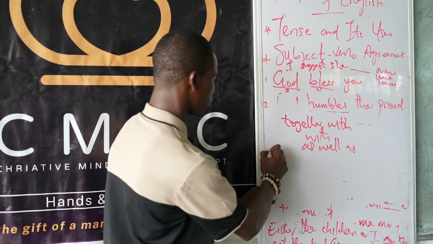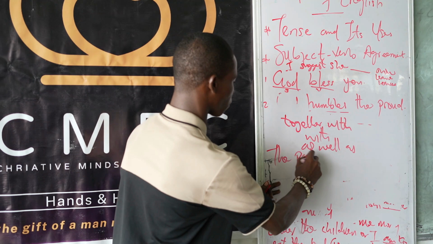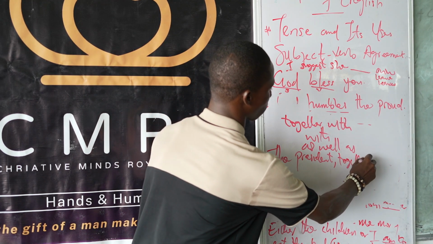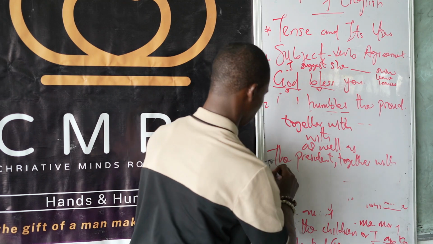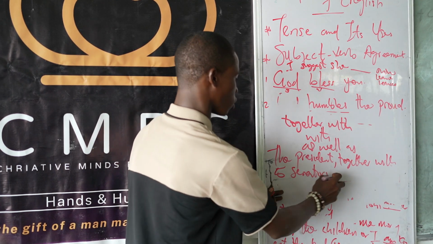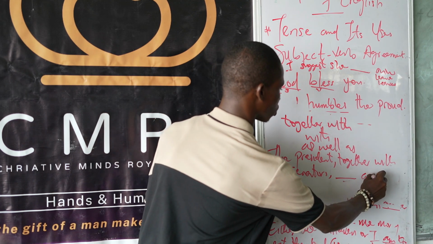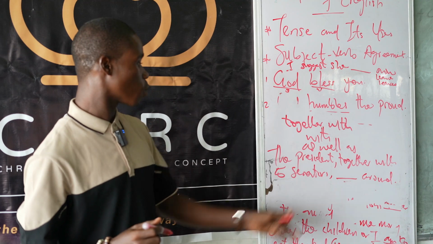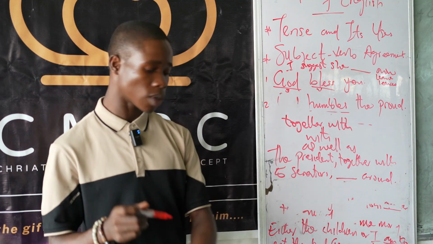What do I mean? The president, together with five senators, is around.